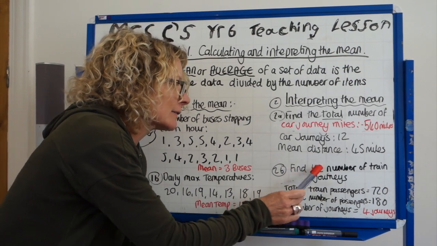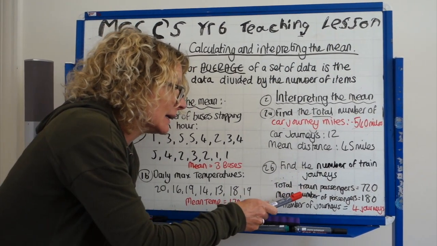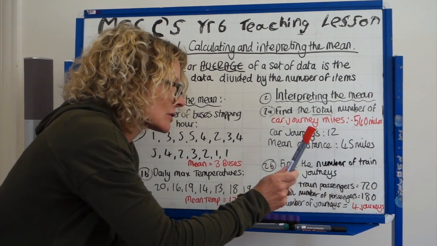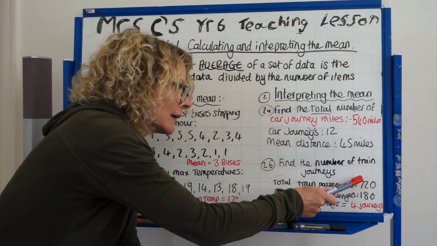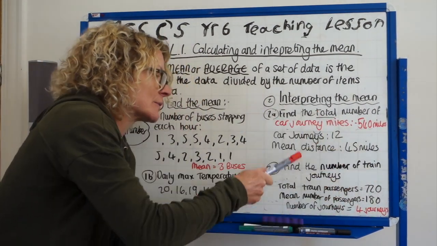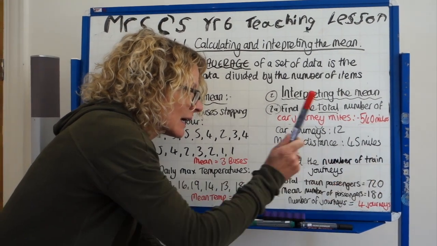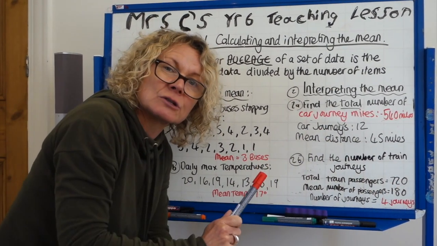And then find the number of train journeys. You had the total number of passengers and the mean number of passengers, okay? So you need to divide one into the other, because that's again interpreting the mean to get the number of journeys. So 180 into 720 is 4 times. Hopefully you did okay.